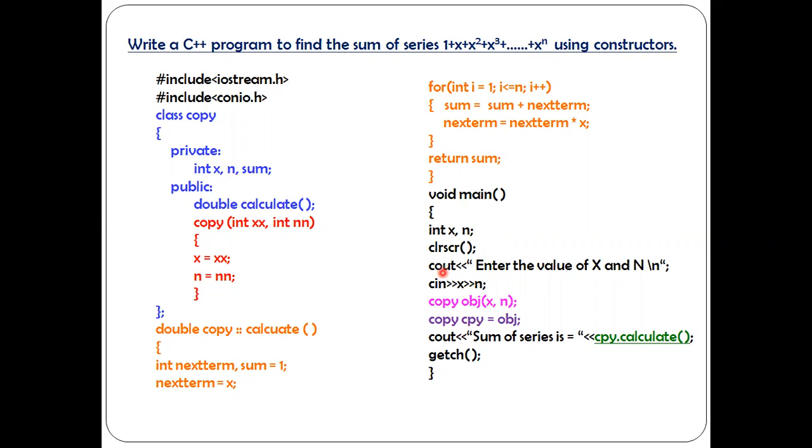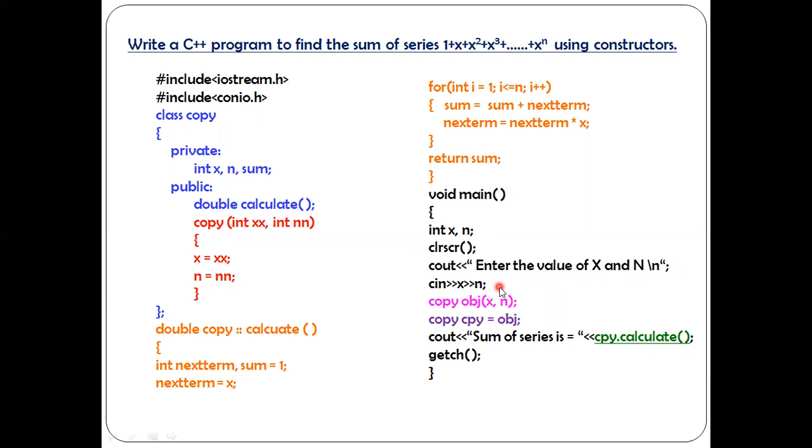The next is an output statement, cout stream insertion within double quotation, enter the value of x and n. This statement is asking me to please provide two values, one for x, one for n. Backslash n means the cursor will come to the next line on the output screen. Double quotation close, end with the semicolon.